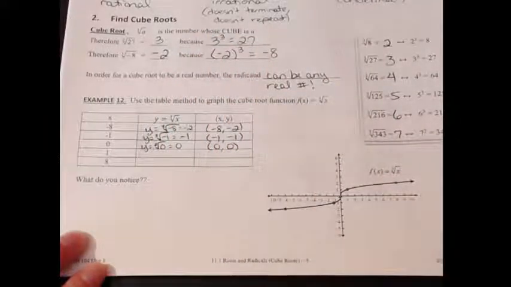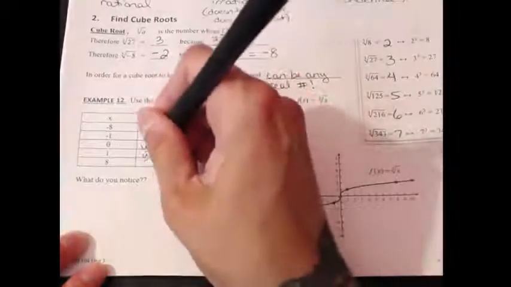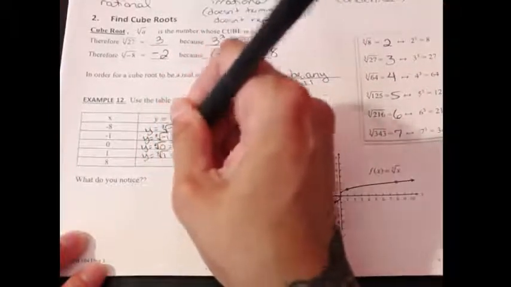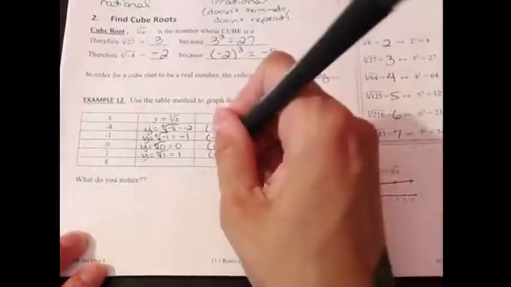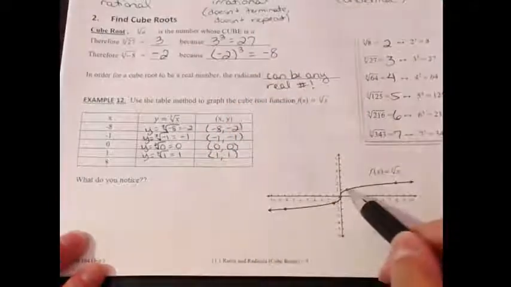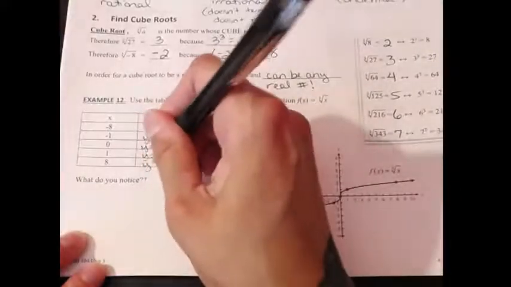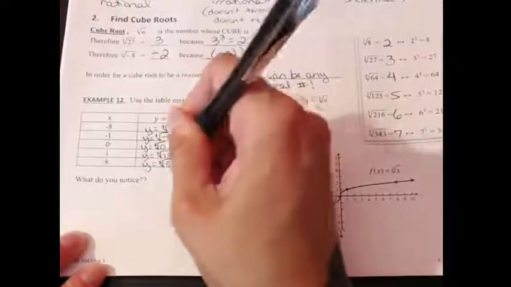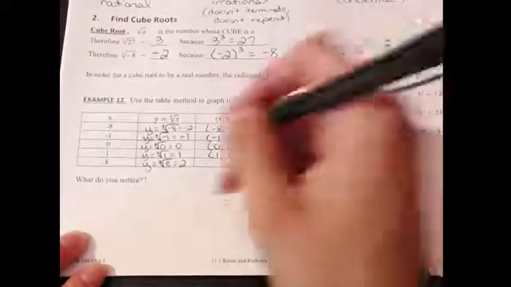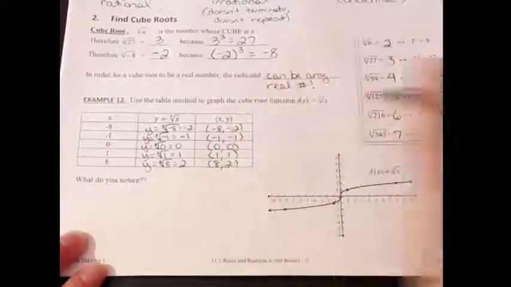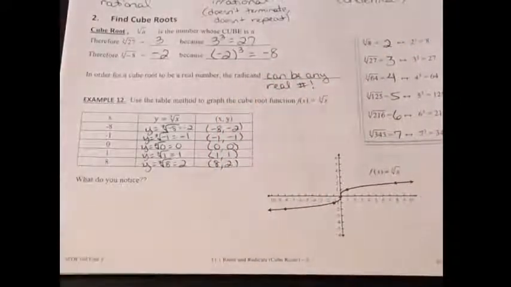So the origin is also a point on my function. Y is equal to the cube root of 1, which is a positive 1. So there's my next point, my next ordered pair on the function. And then lastly, y is equal to the cube root of 8, which is 2, a positive 2. So 8 comma 2 is yet another point on my function.